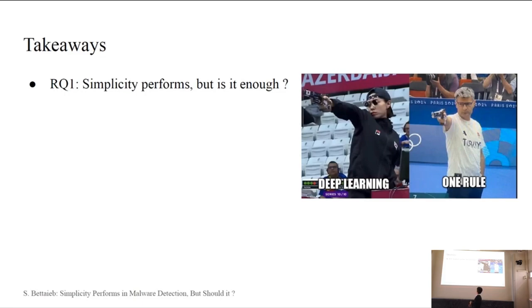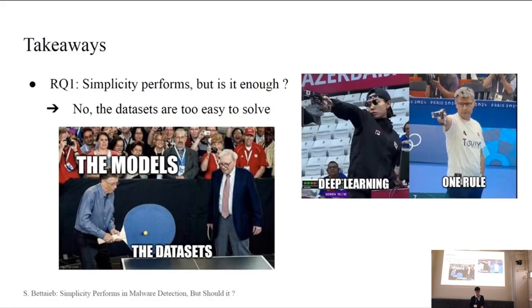Does it mean that we should always use the one-rule model and discard all of the complex work that we have? No, that's not our message. That's not what we're trying to say. What we want to say is that the datasets are too easy to solve regardless of the model that you use. So maybe the 99% accuracy that you have is not related to your new fancy LLM, but it's just your experimental setting that is too easy.